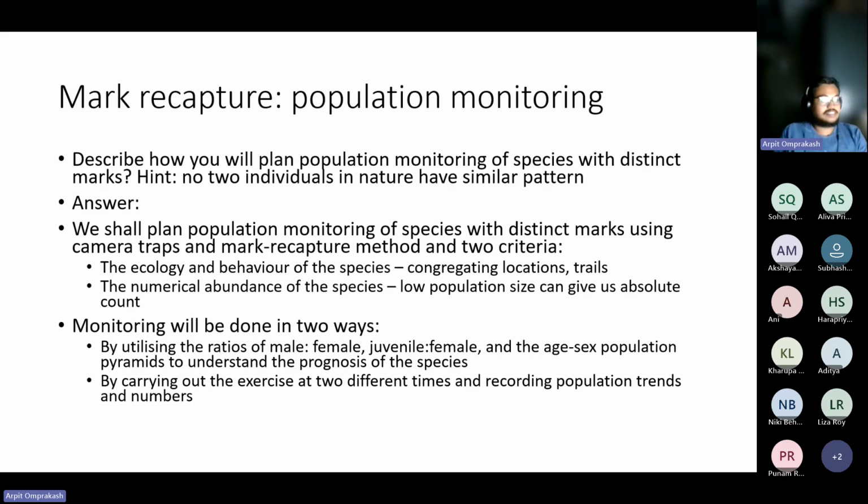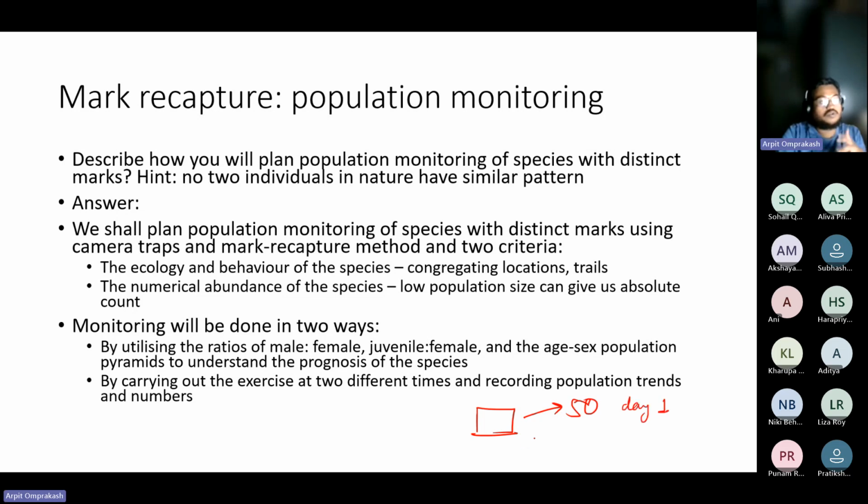So basically, these are the two things that we have to keep in mind, and we can calculate the exact numbers or the population trends by calculating the number using the mark-recapture method, as I was telling you. So you go to this place, you take, let's say, 50 photos on day one.